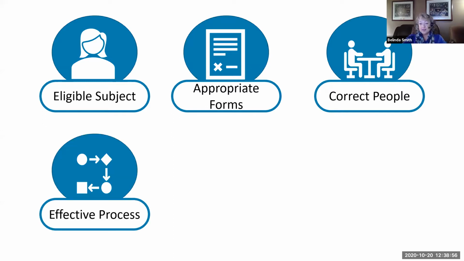Effective process. We spend a lot of time on process in our workshop because this is where we move from the reasonable person to the idiosyncratic person. This gives you an opportunity to have dialogue with the individual to figure out what are their motives, what is their health literacy, what might be their baseline knowledge of being in research in general.